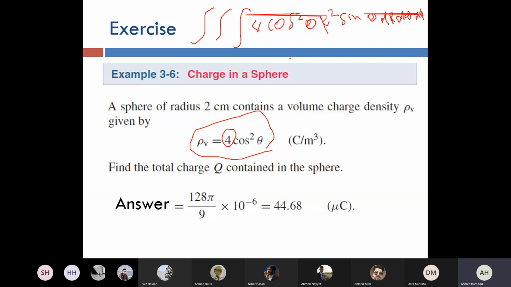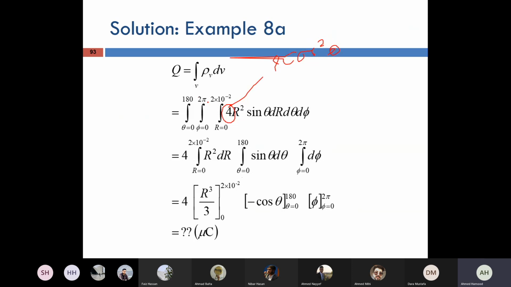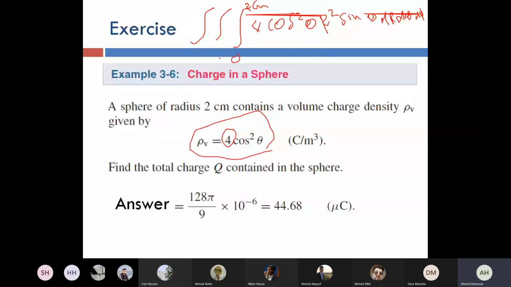Okay, so we have to describe the limits. r is from 0 to 2 centimeters. Then theta is from 0 to 2 pi, and phi is from 0 to 180. Then you do the integrations.